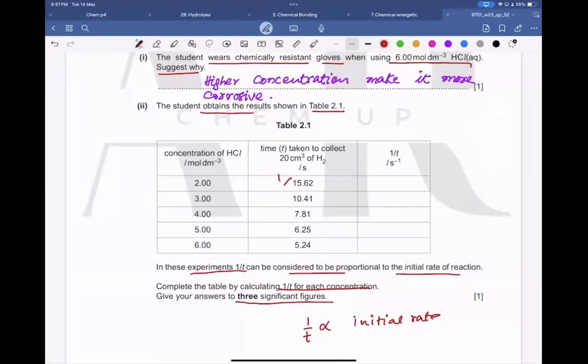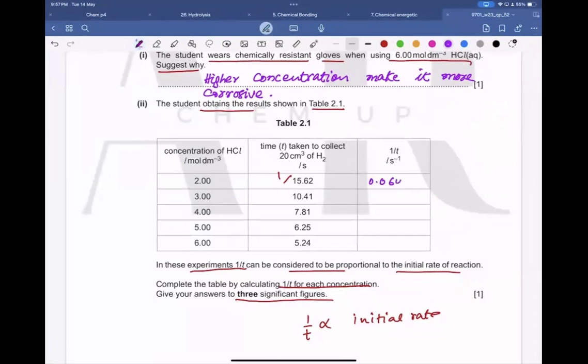Okay, Mahveen, the first one is 0.0640. So first one is 0.0640.